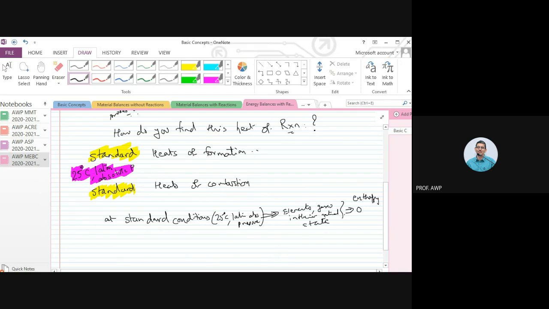Have you seen this in your 12th standard, 11th standard? Yes, sir. Right, so that's one.